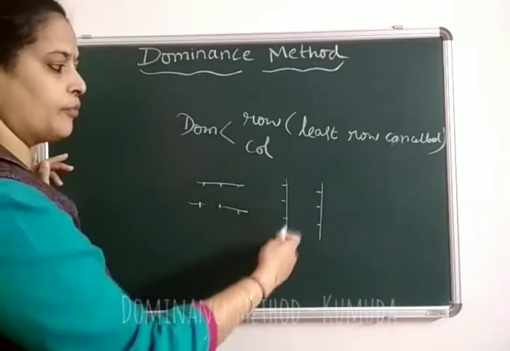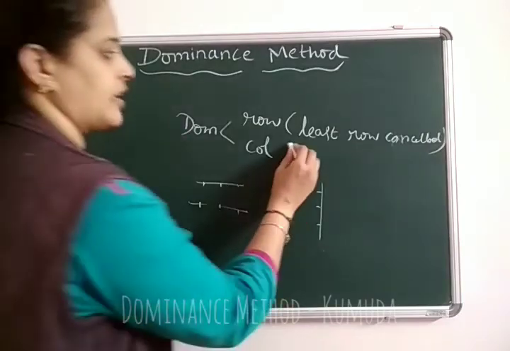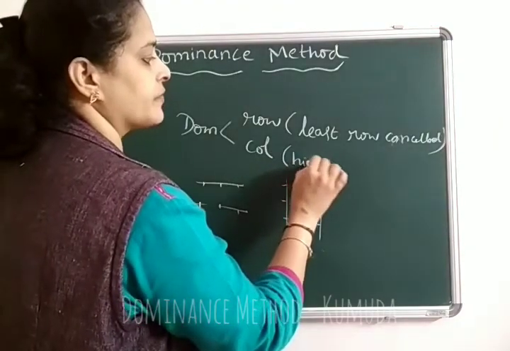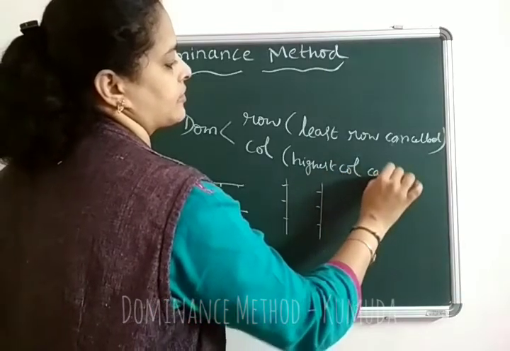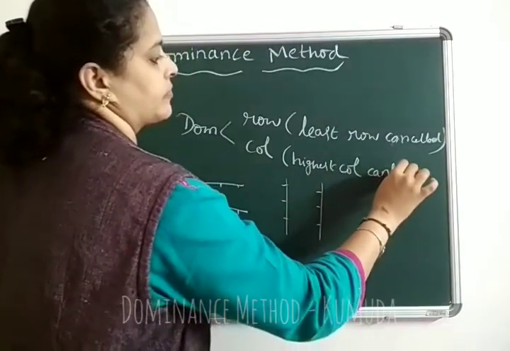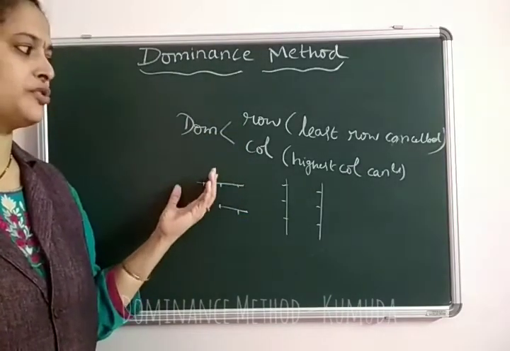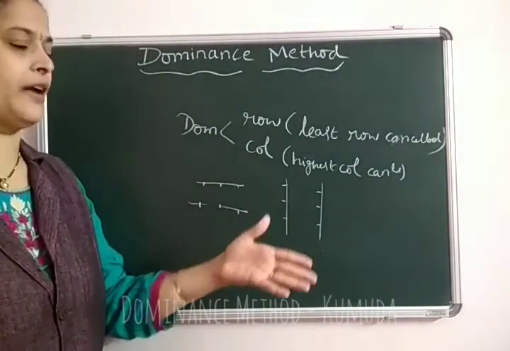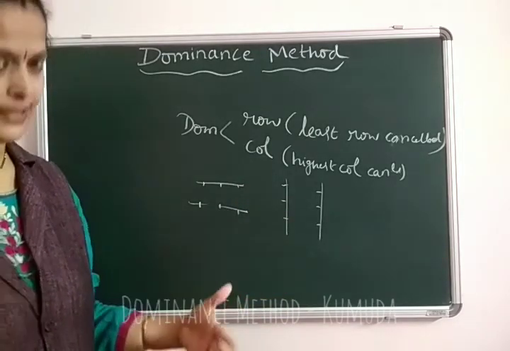So the first column dominates the second column, but according to the column dominance, the highest column gets cancelled. So the rule of dominance generally says that if the strategy of one player is more compared to the other player in all the conditions, then we are going to ignore the second strategy.